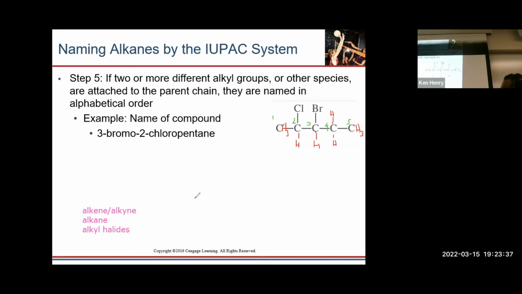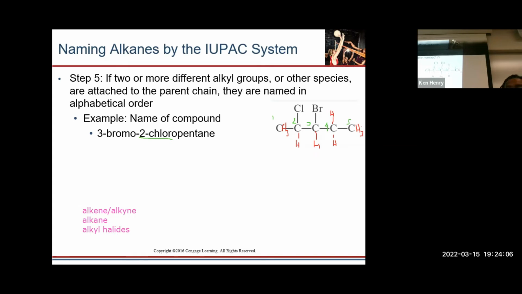We know on the second carbon, there's a chlorine, so we drop the I and E, and we just put an O. So it's chloro. On the third carbon, there's a bromine. So we drop the I and E, and we just put an O. So it's 3-bromo-2-chloropentane. Okay.